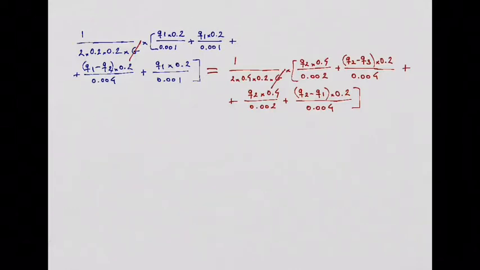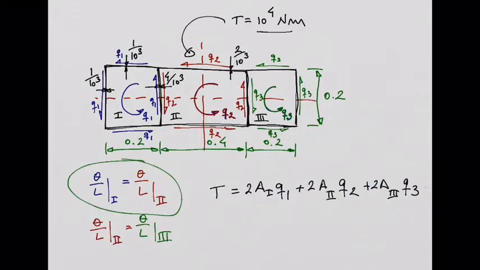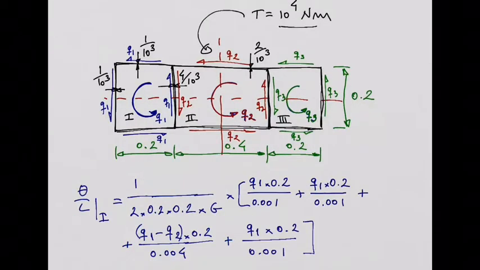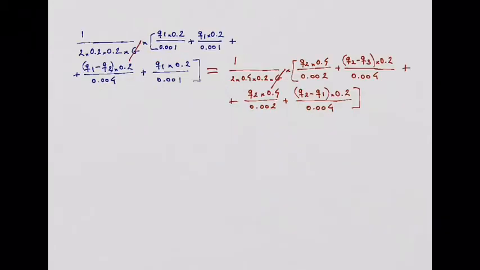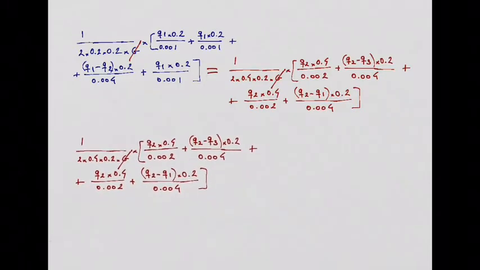But anyway, we have here one equation. The other equation you will get is this second equation here. The twist angle for cell number 2 and cell number 3 also need to be the same, right? So if you do that way, you will get what? So this is the twist angle for cell number 2, this one in red. I can just copy and paste and put it here.